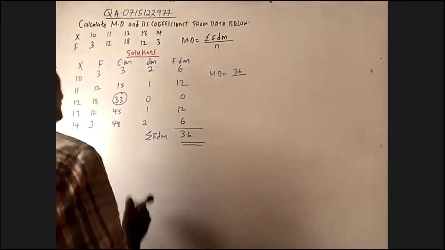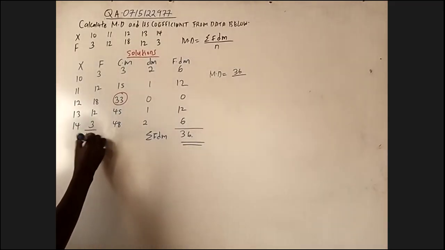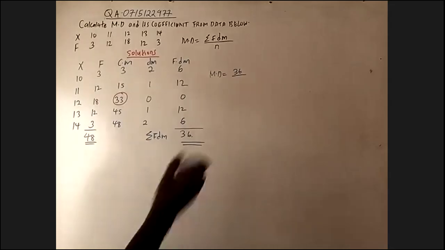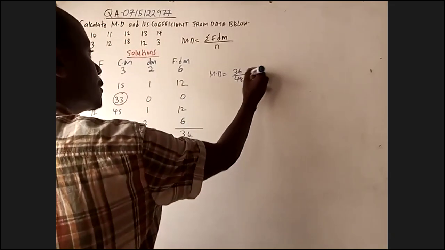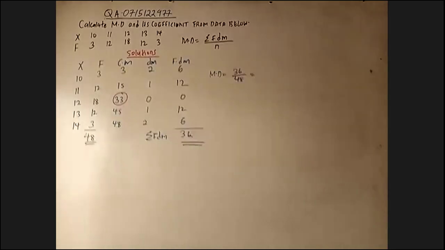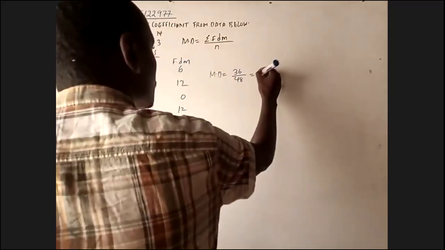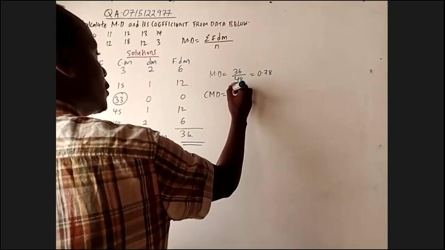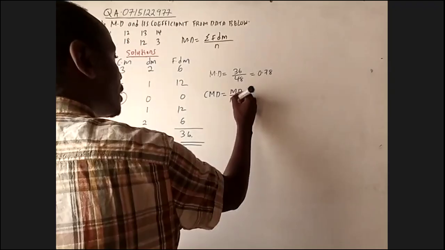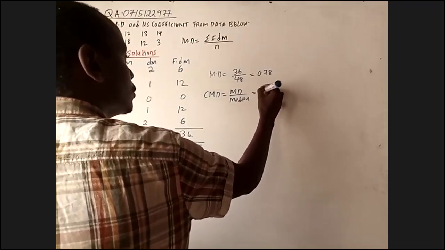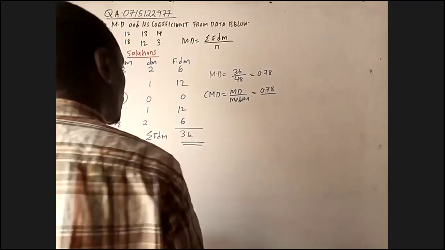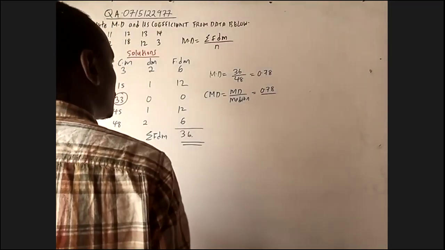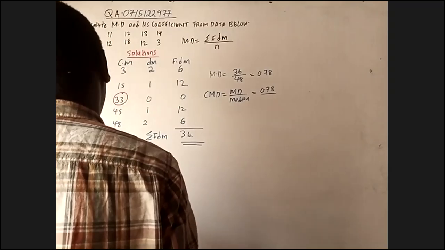Now we can get our MD. 36 over our total frequency, which is 48. So what is our MD? 0.75. What about CMD? The MD over the median. We got 0.75, and the median was 12.